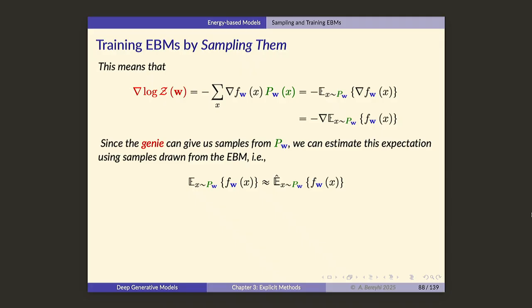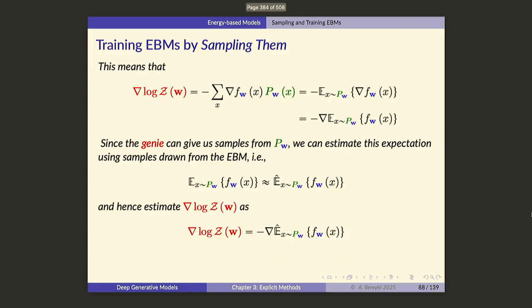So, moral of the story, I can compute this gradient if I am able to sample from the Boltzmann distribution, and the gradient of my log partition function is going to be computed in this form.